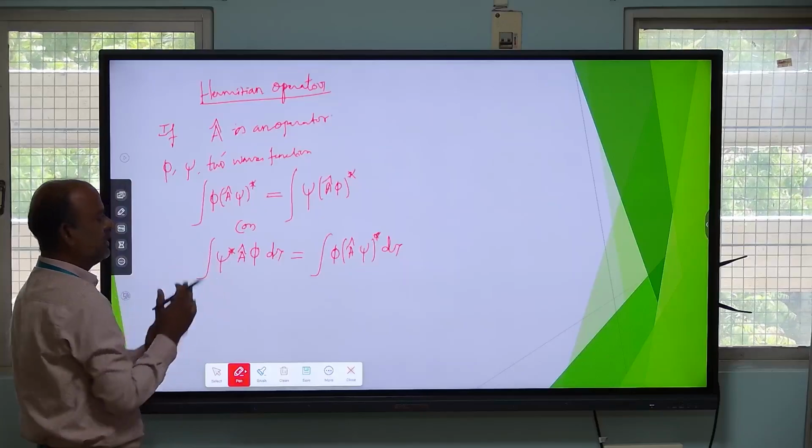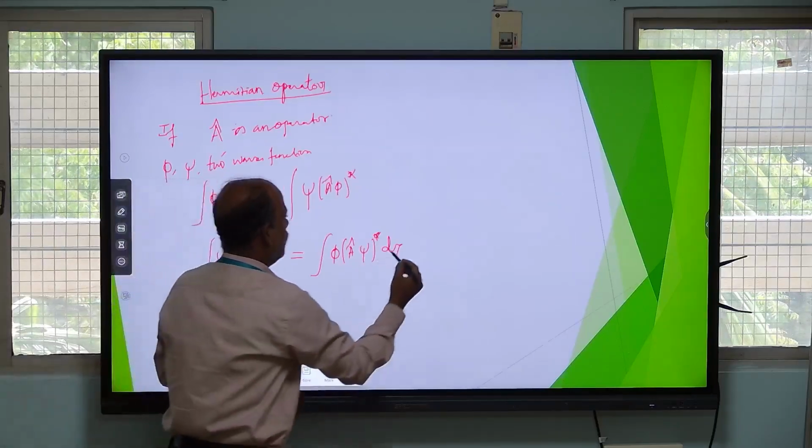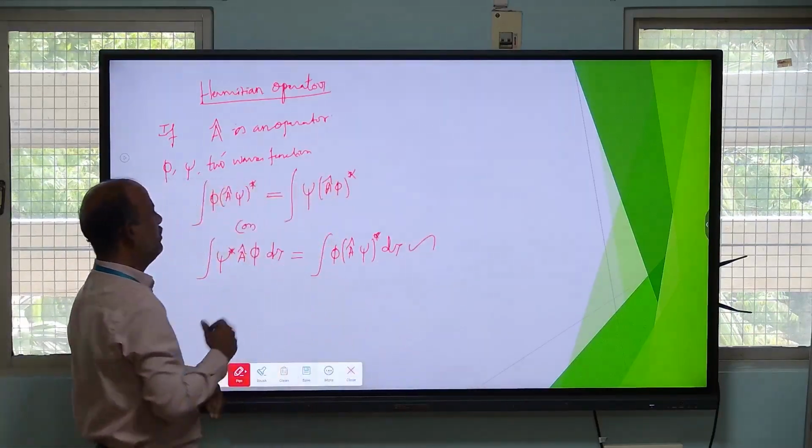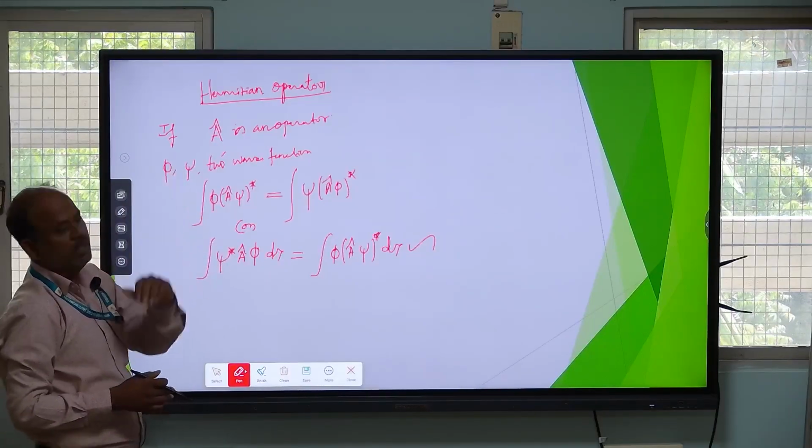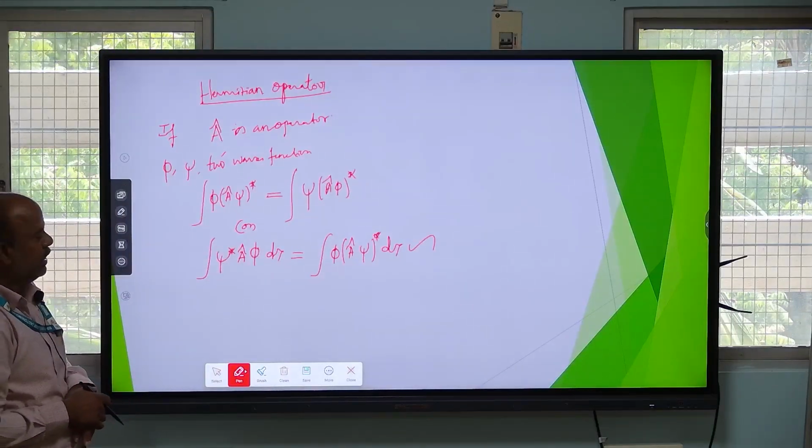If this is the exact condition, when both the left hand side and right hand side are equal, then the operator A is called a Hermitian operator.